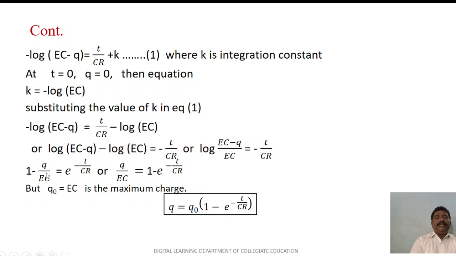So 1 minus Q divided by EC is equal to e raised to the power of minus t divided by CR, or Q divided by EC is equal to 1 minus e to the power of minus t divided by CR.